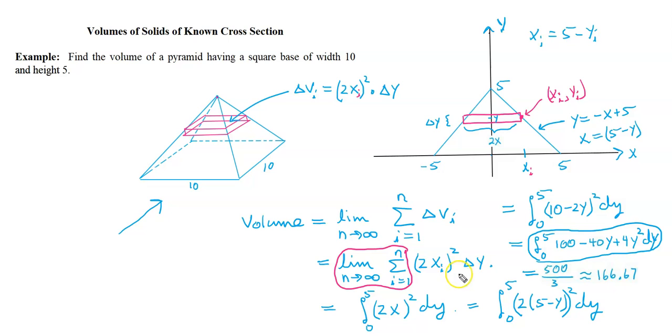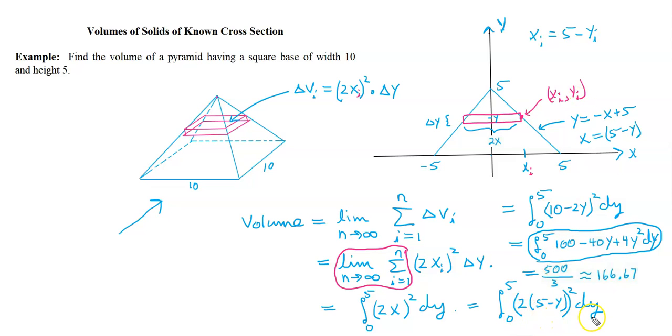We summed them all up, took the limit as n goes to infinity, and turned this into an integral. And then we just replaced all the x's with x as a function of y, which came from the equation of the curve that this point was on.